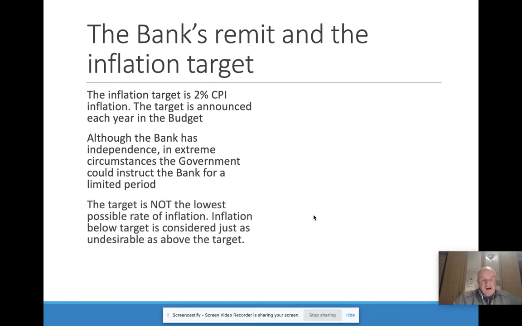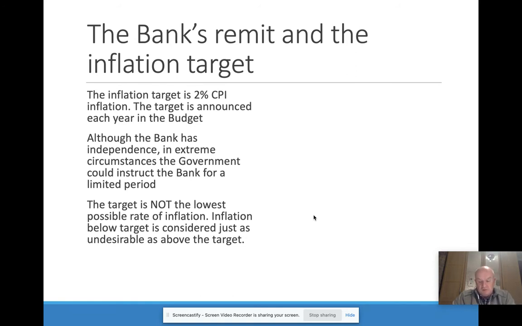Okay. Now, the target's not necessarily the lowest possible rate of inflation, because inflation that's below that target of 2%, if we're running somewhere near to deflation, well, deflation generally means a fall in prices. And if we've got a fall in prices, that suggests that demand in the economy is on the wane, and that could be a signal that we're going to go into some form of recession.